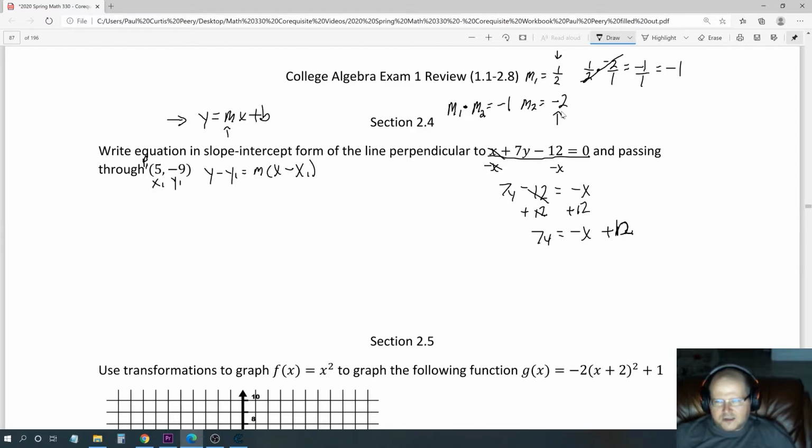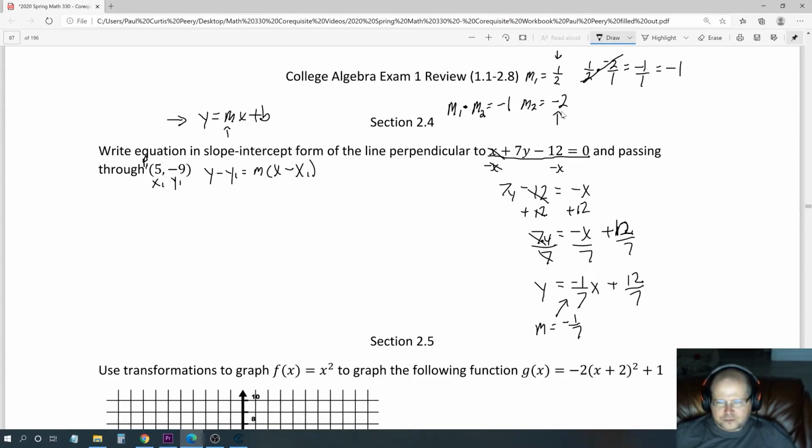Then undo the multiplication of y by 7 by dividing by 7, and that gives you y equals -1/7 x plus 12 over 7. The coefficient of the x, now that I've solved for y, is going to be m. So m is equal to -1/7.